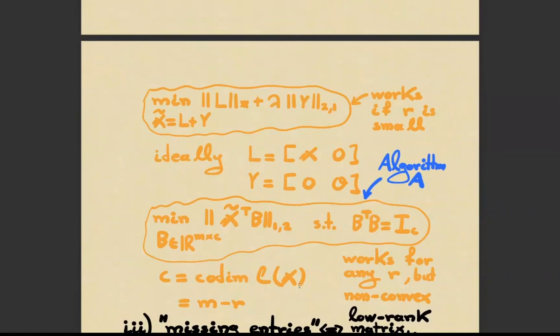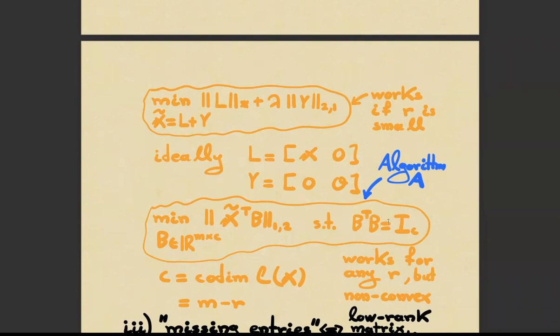Thus, what we're saying here is we want to find an orthonormal basis B for the orthogonal complement of X. So I multiply by X, taking inner products with this potential orthogonal basis, and I want the resulting matrix to be sparse along the rows, because all the inliers are going to be orthogonal to this orthogonal basis B. So this is a co-sparse 1,2 problem, and it is non-convex because of this non-convex constraint.